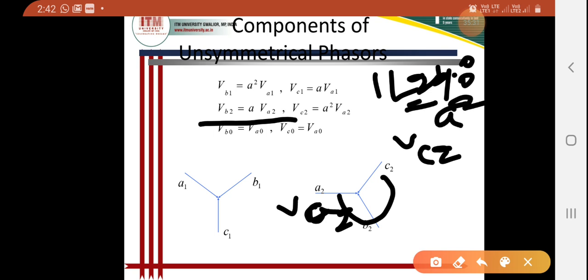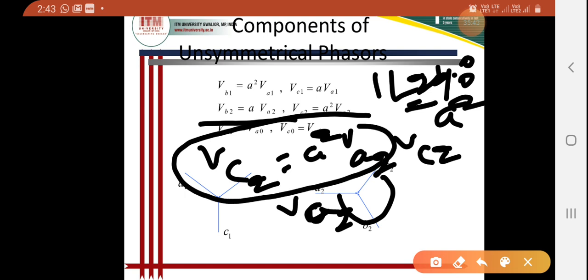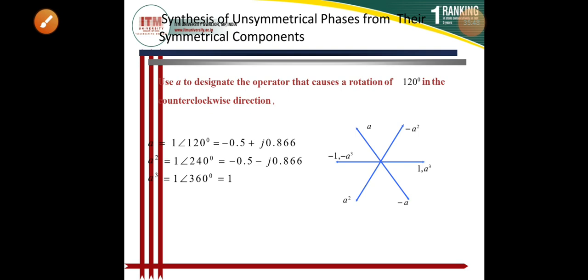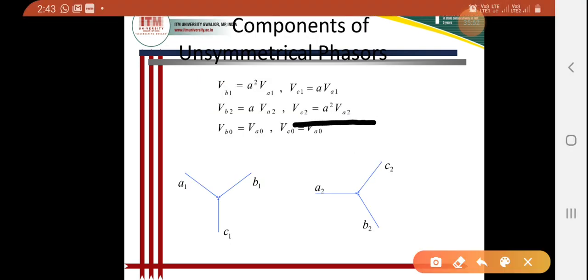So I can write VC2 as A square VA2. That is our negative sequence component. Because of that we have written here VC2 as A square VA2.